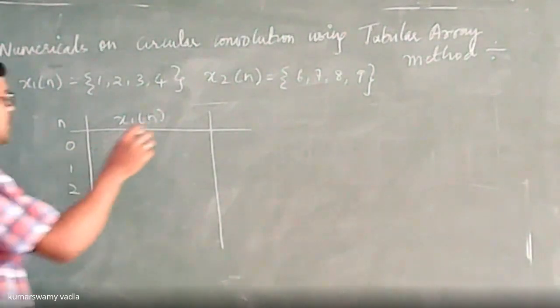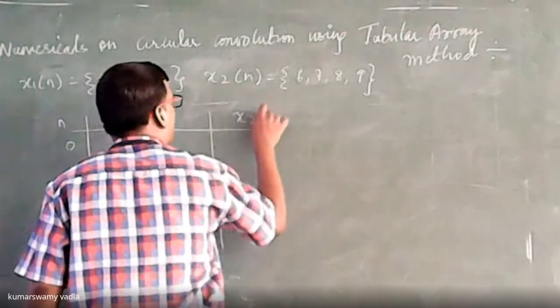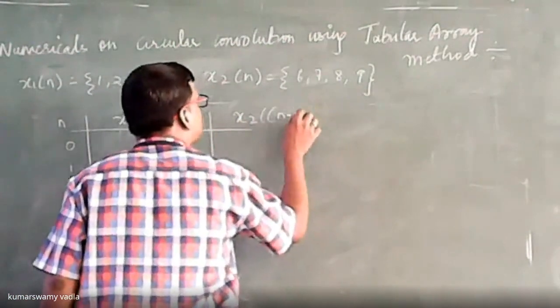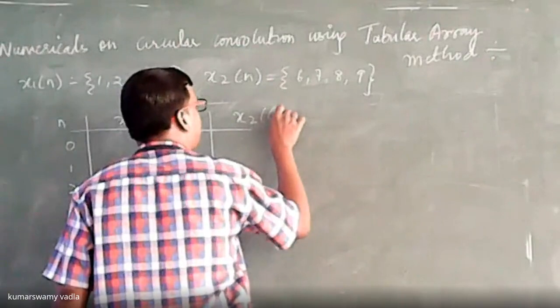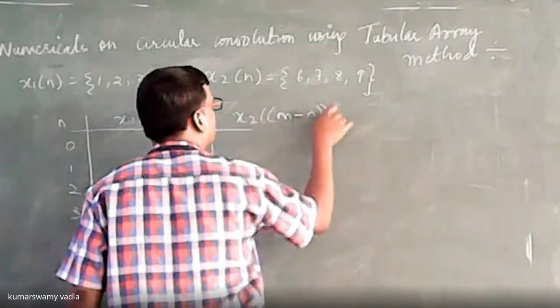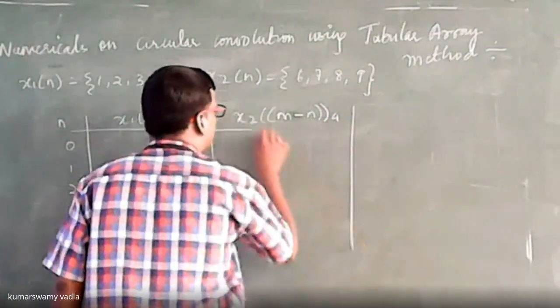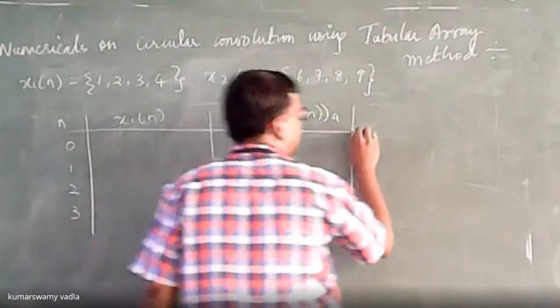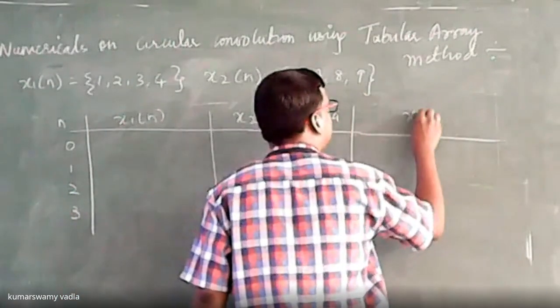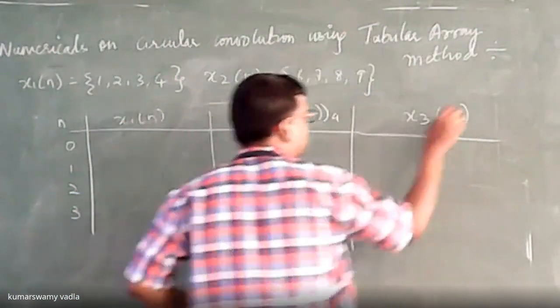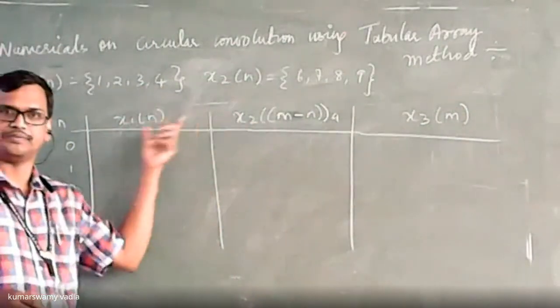Then x2 of m minus n, modulo 4, because it is a 4-point sequence. Then finally, x3 of m is nothing but the convolution of these two.